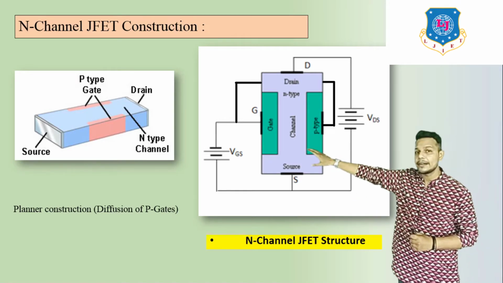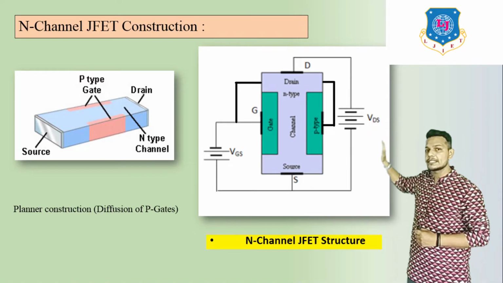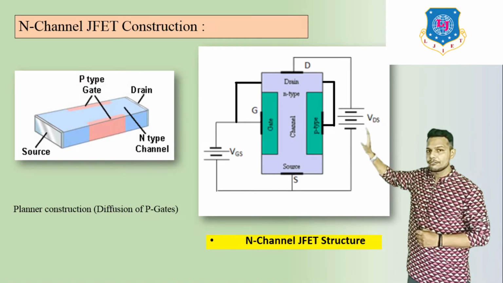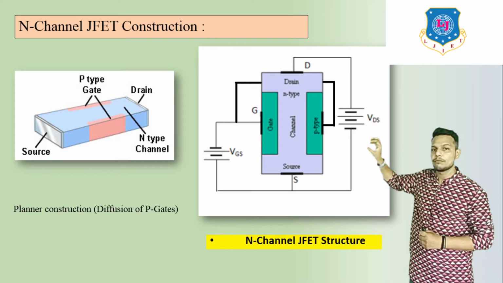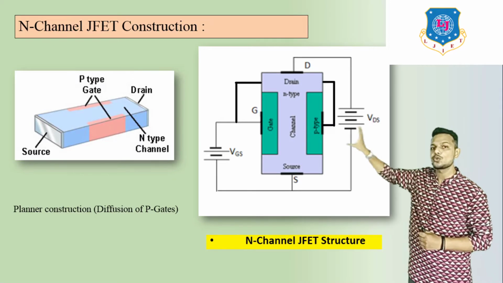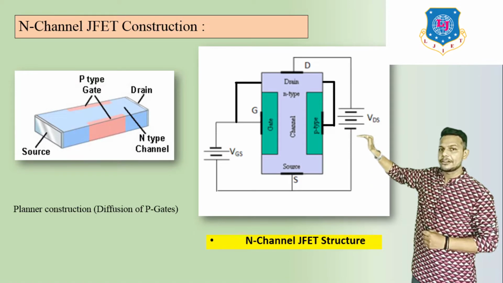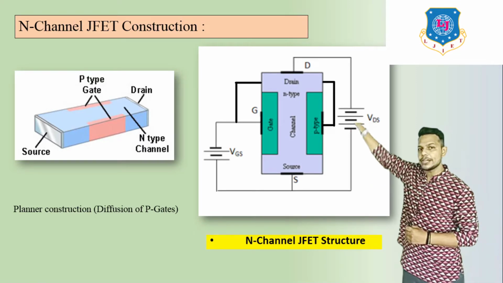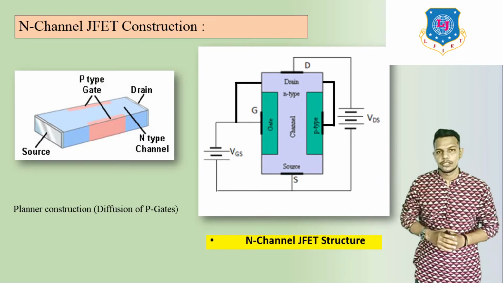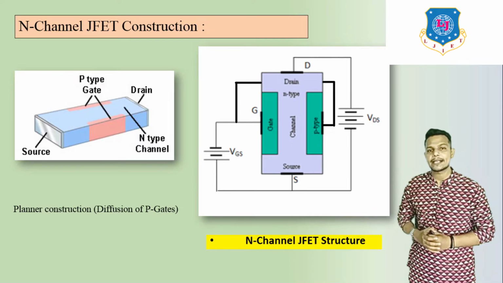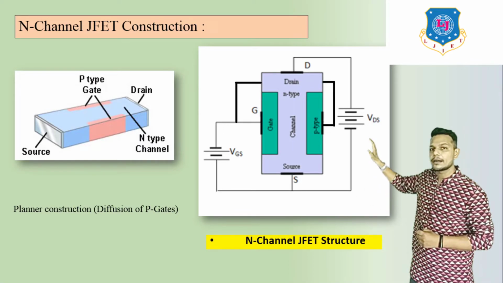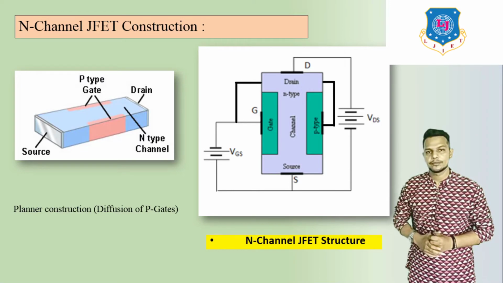Here at this end we can see VDS. VDS means the voltage difference between drain and source. This battery is connected between drain and source, so it is known as VDS and this is our output voltage.